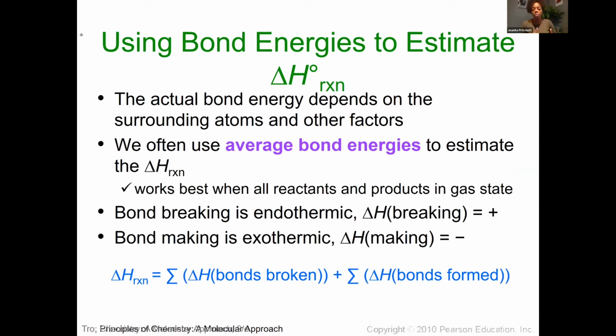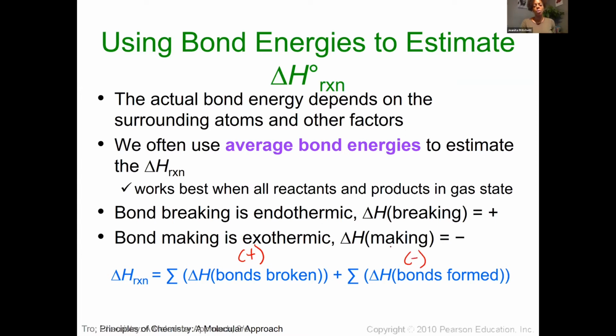Creating bonds is an exothermic process, so we're releasing energy. To estimate the enthalpy, we take the sum of the bonds that have been broken and the sum of the bonds that have been made. Anything being broken gets a positive value because it's endothermic, and anything being made gets a negative value.